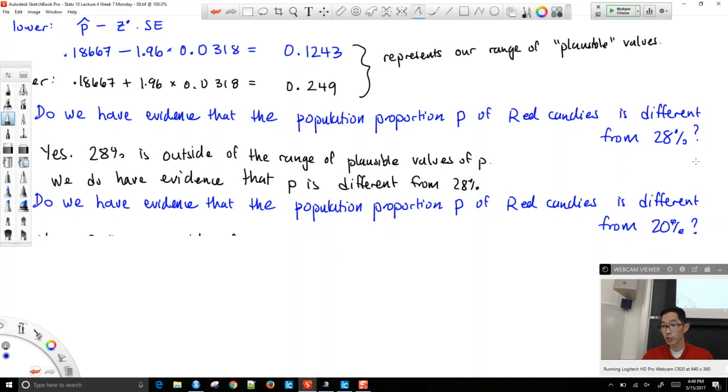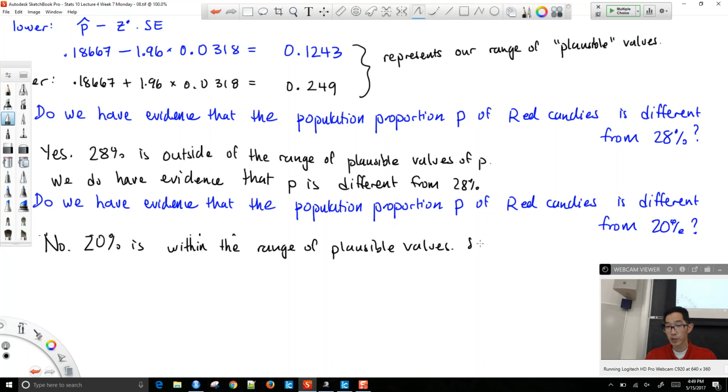The answer to this question is no. 20% is within the range of plausible values. So P could be 20%. And we would say we do not have evidence that it is not 20%.